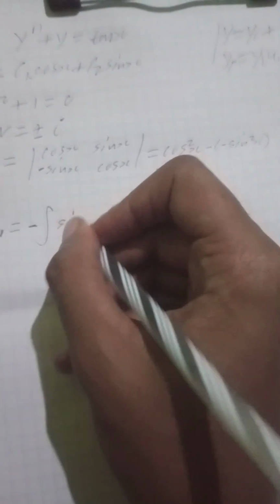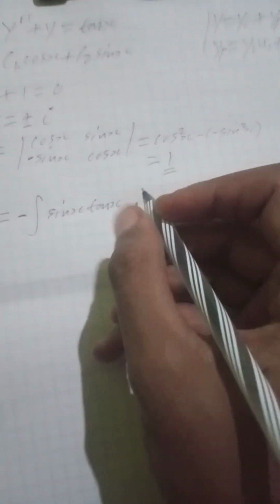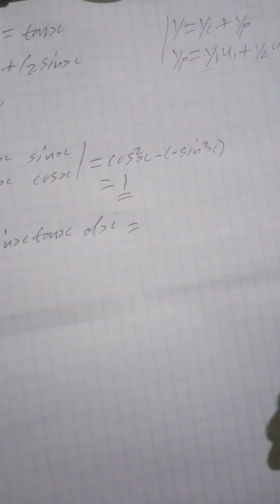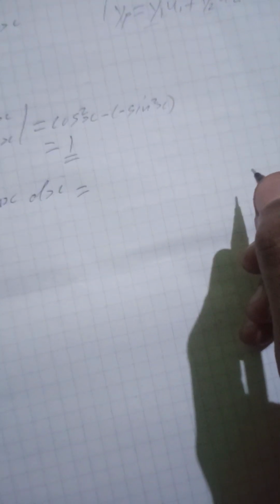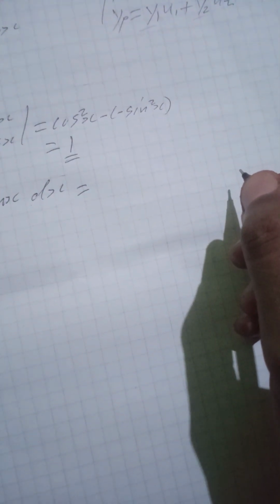So let's move on. There's actually a formula for u1 and u2, and u1 happens to be negative the integral of y2 times g of x, so it's going to be sin x times tan x divided by the Wronskian, which happens to be 1, so we don't write it in this particular case. So how do we do this? Tan x is just sine over cosine, so this is sine squared x over cosine x.